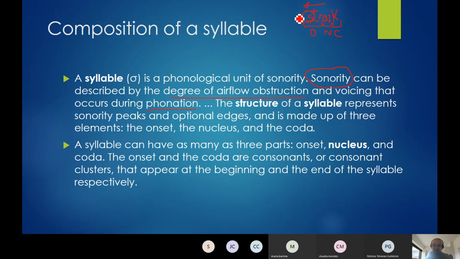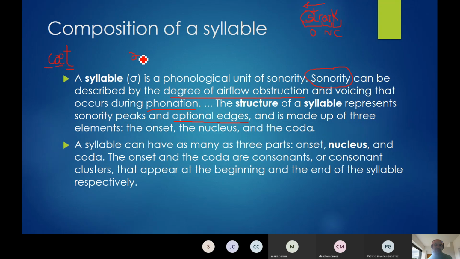Okay, we're going to revisit this concept later when we see some theories about how to divide the syllable and how to understand its structure. But this is in general an overview. And the structure, optional edges. Optional edges refers to the structure, because when we say cat, we will see that we have a nucleus, an onset and a coda.